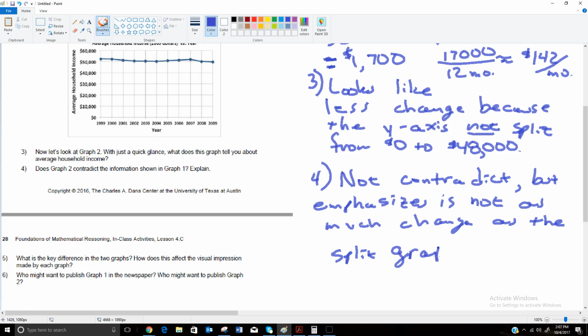So they both hold the same data. They're both technically correct graphs. It's just that the one with the split axis makes it look like the changes are more dramatic than they actually are.